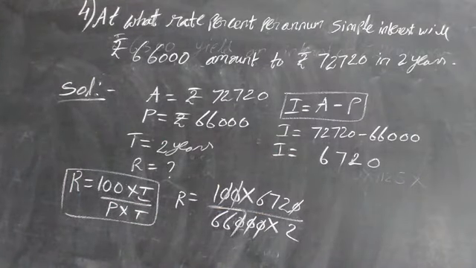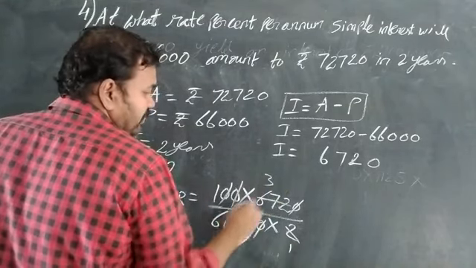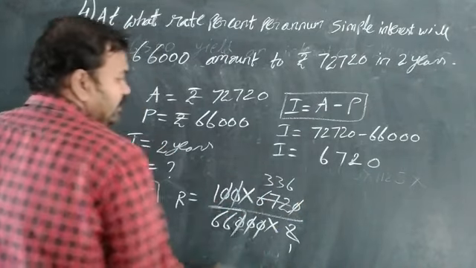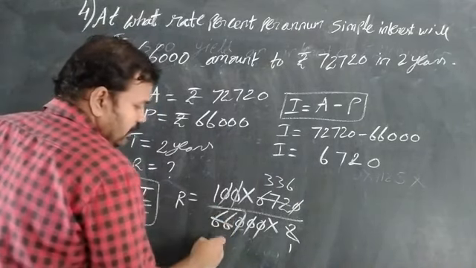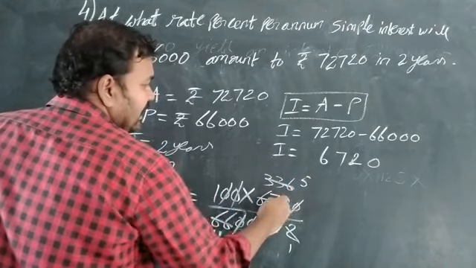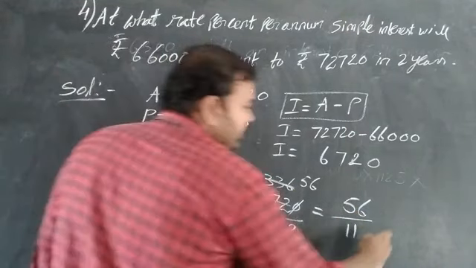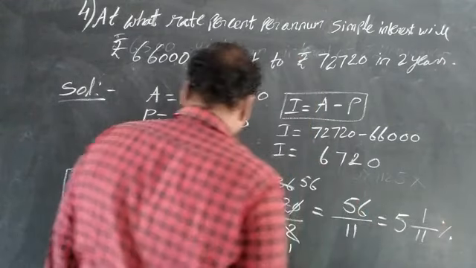Now using table cancellation, using the 2 table, 1 time, 3 times, 12 is 6 times. Using cancellation of the 6 table, 1 time 11, 6 fives are 30, 6 sixes are 36, so 56 by 11, which is equal to 5 1/11 percentage.